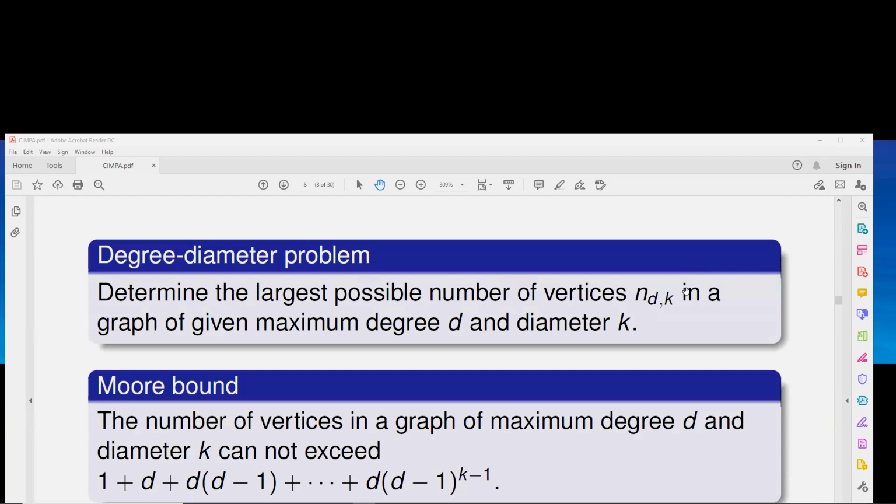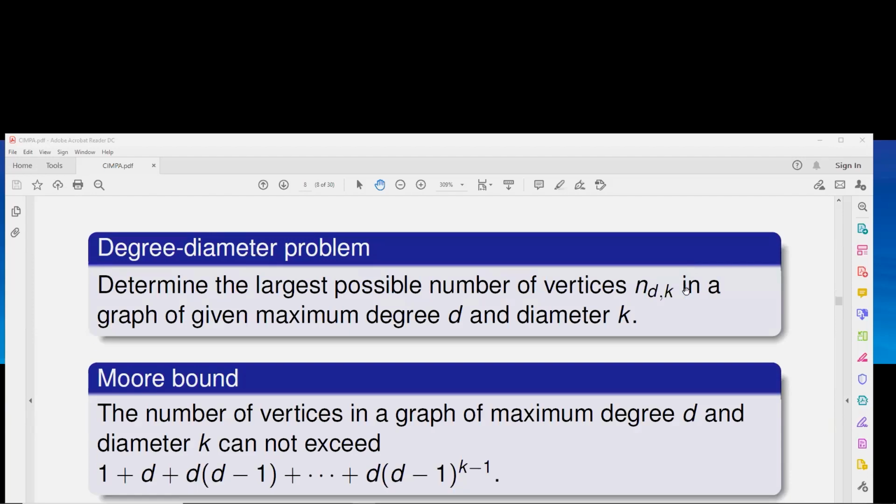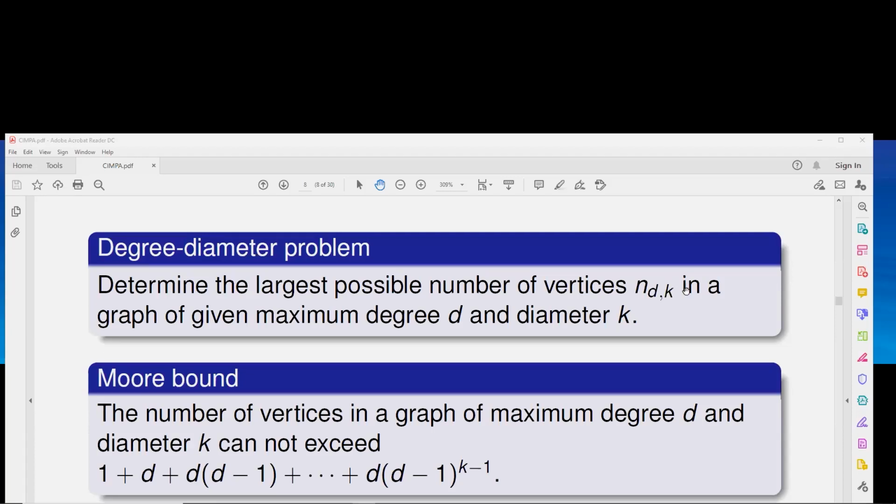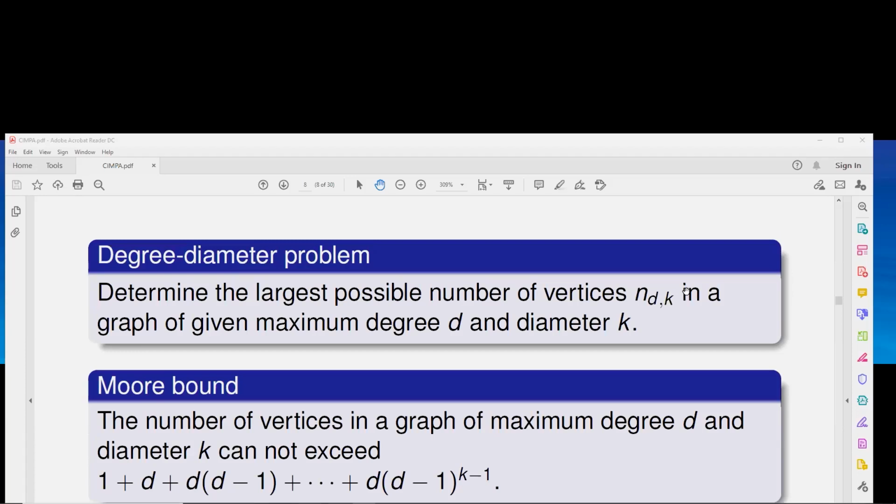Good. Now, this is the definition of the degree diameter problem. Determine the largest possible number of vertices in a graph of given maximum degree D and diameter K. So this is the generally stated problem for general D and K, which is mentioned here.